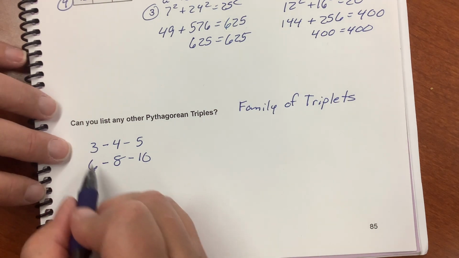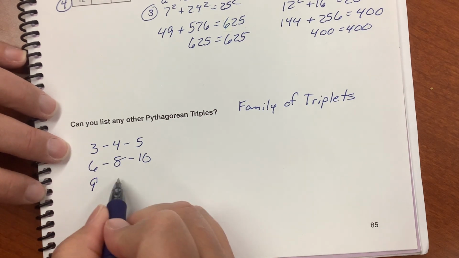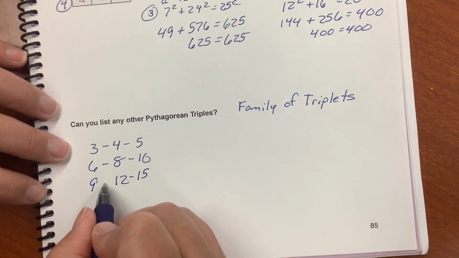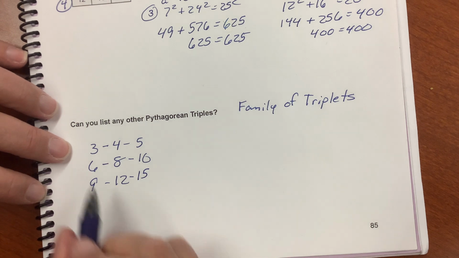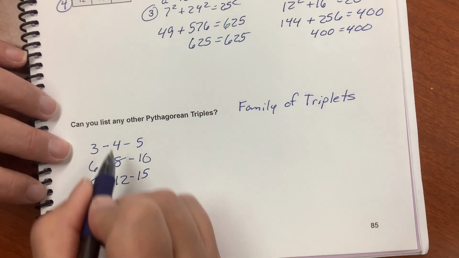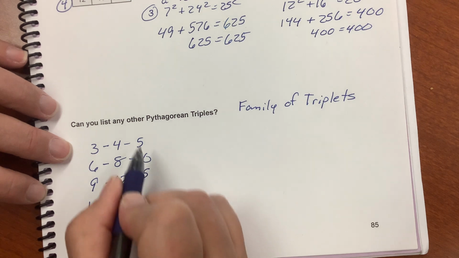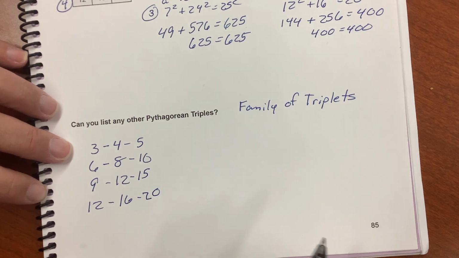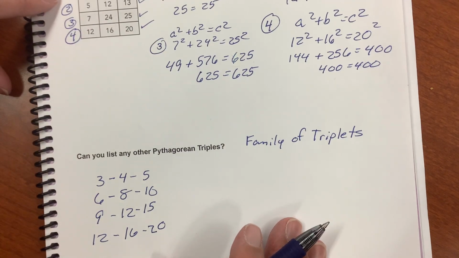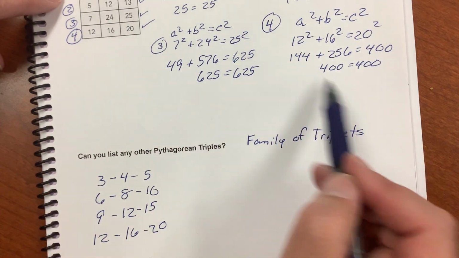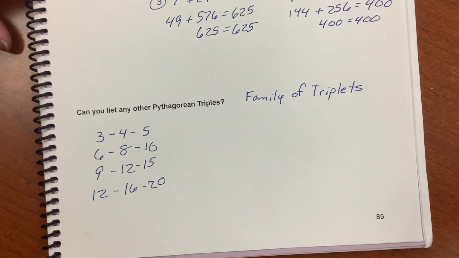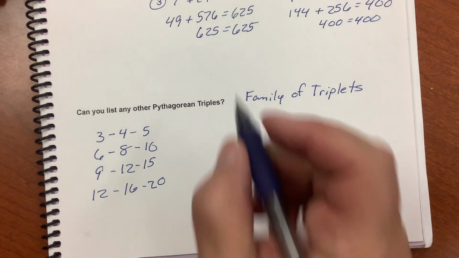But then if I do 3 times 3 is 9, 3 times 4 is 12, 3 times 5 is 15, that too is a Pythagorean triplet. 4 times 3 is 12, 4 times 4 is 16, 4 times 5 is 20. Oh, and that's this one right here with the proof right there. You can just use your calculator and prove those. Every one of them is a Pythagorean triplet. But you can do that for any of them.